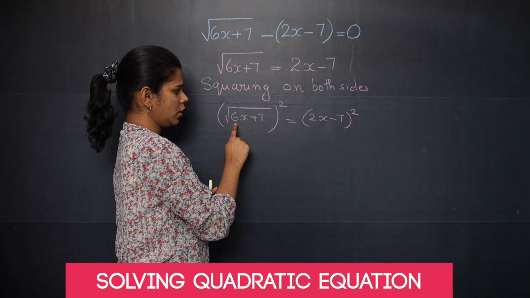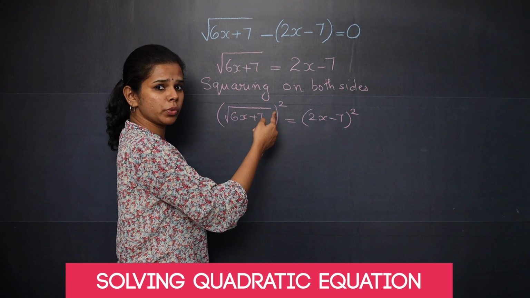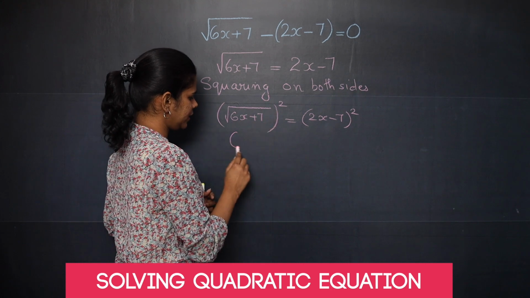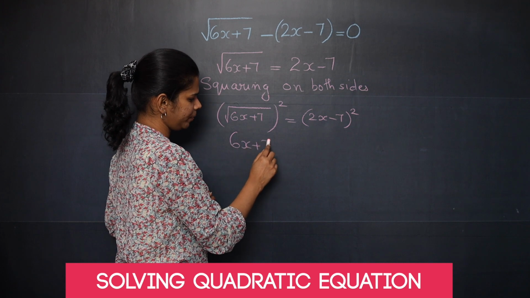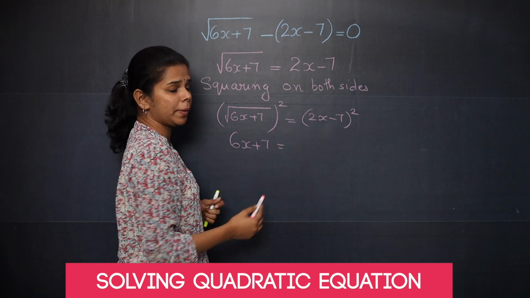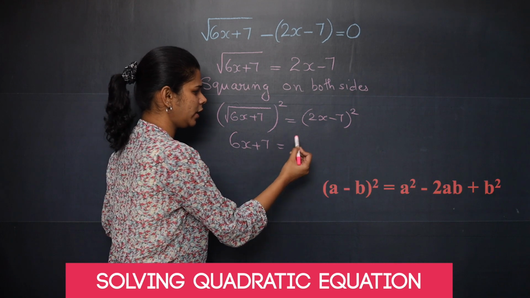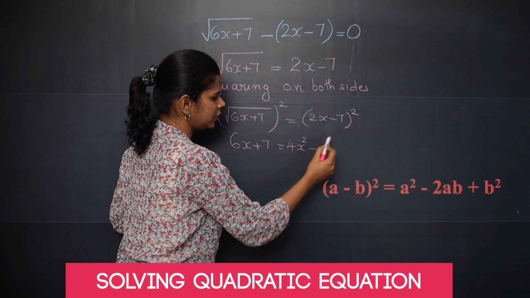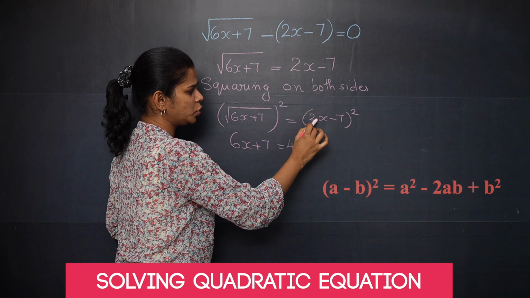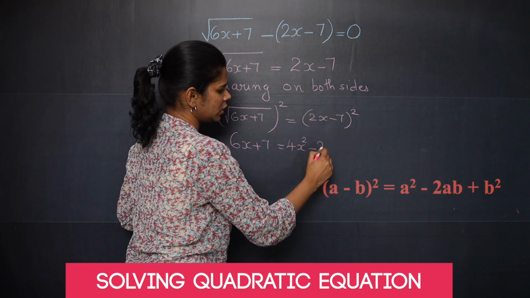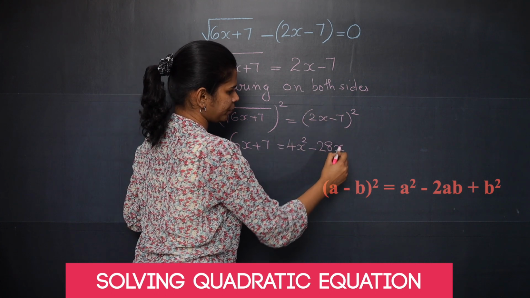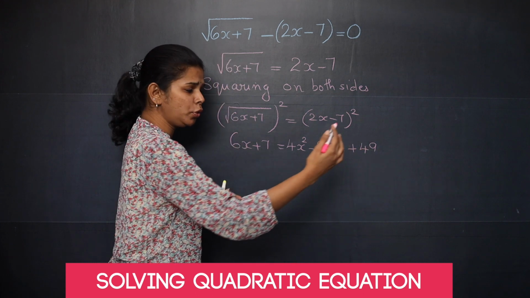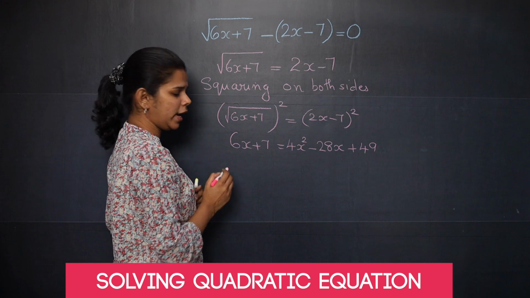So here square root of the whole square means you will get that expression here, and that is 6x plus 7 equal to, here you can apply a minus b the whole square. So 2x the whole square is 4x square minus 2ab, 2 into 7, that is 28x, plus 7 square, that is 49. Now you need to bring all these terms to LHS.